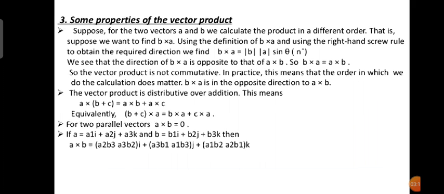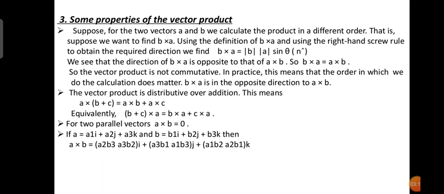Next are some properties of vector products. When two vectors are combined, we can calculate the product in a different order, that is B cross A. A cross B is modulus of A into modulus of B into sine theta into n cap, and B cross A is modulus of B into modulus of A into sine theta into n cap, where the direction of B cross A is opposite to that of A cross B. That is the only change.